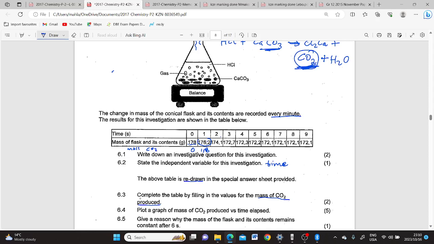So in fact we must take it from the beginning. After 2 seconds, how much was removed? The total mass that was removed. So it's supposed to be 178 minus 174,1.